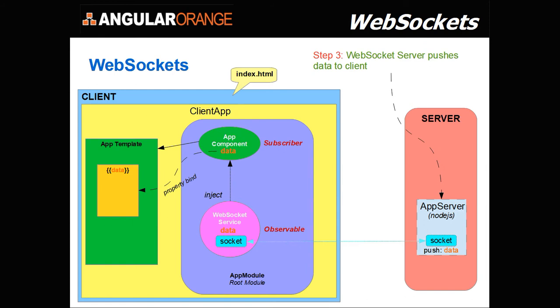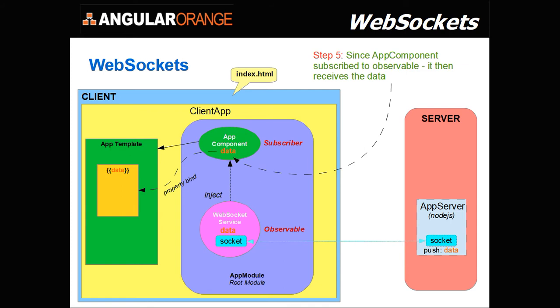Okay, so step 3 is the WebSocket server pushes the client data. Okay, so we're looking at this data over here. Step 4 is the WebSocket service receives the data. Step 5 is, since the app component subscribed to that observable, it then receives the data. So there's a step here.